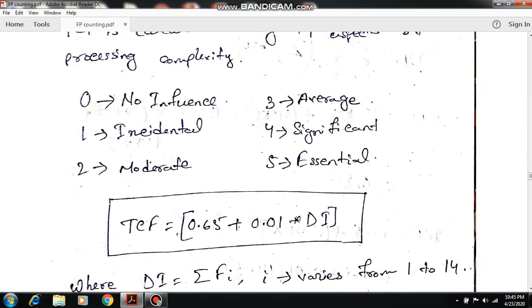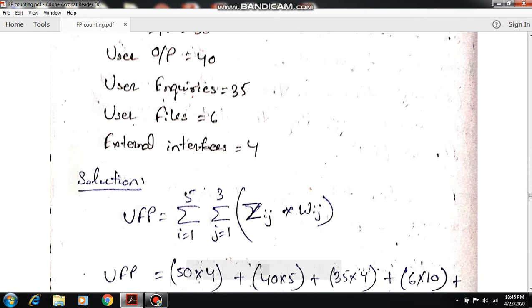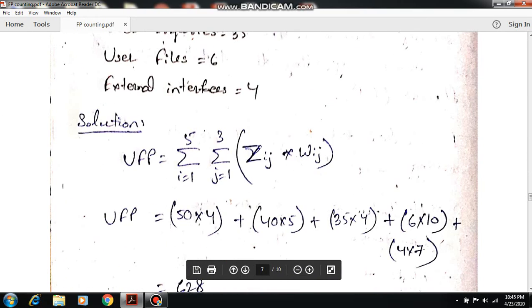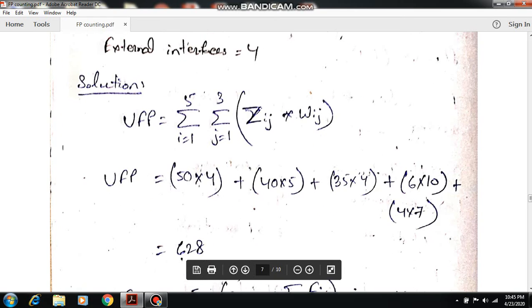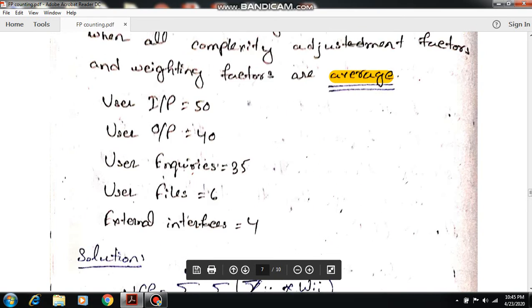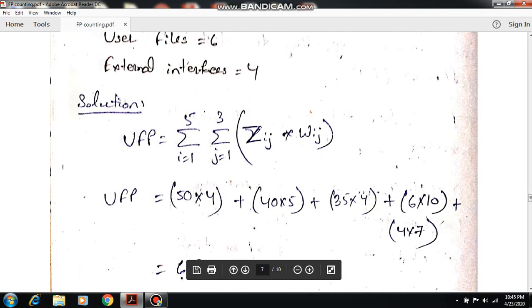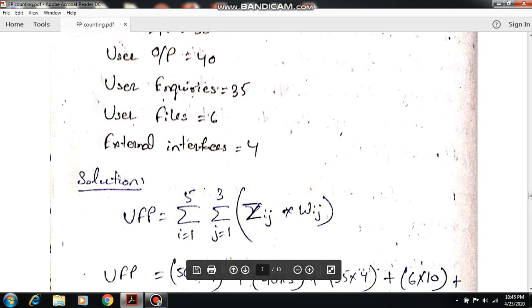First you have to calculate the UFP based on this. So i is equal to 1 to 5, the function point multiplied by the weighting, summed over all the function units, based on the average ranking of the weighting unit. So 50 is your input data multiplied by 4, because the weighting unit is 4.